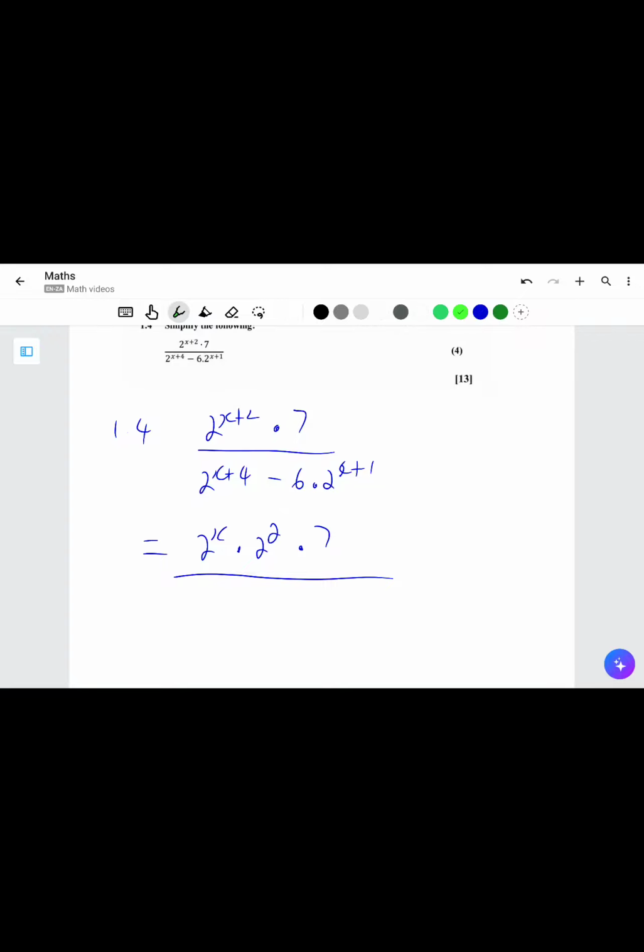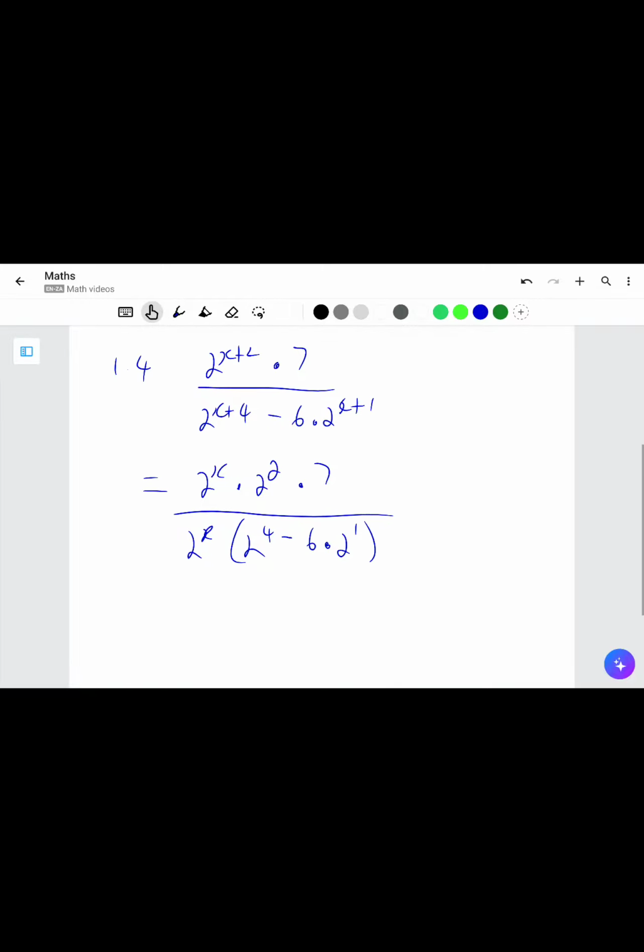As you can see here, there's a 2 to the power of x and a 2 to the power of x. So let's do a common factor of 2 to the power of x. What am I left with? 2 to the power of 4 minus 6 times 2 to the power of 1, right? I hope you guys can see that. A little bit of factorization there on the bottom.